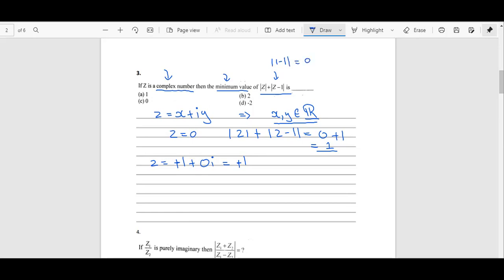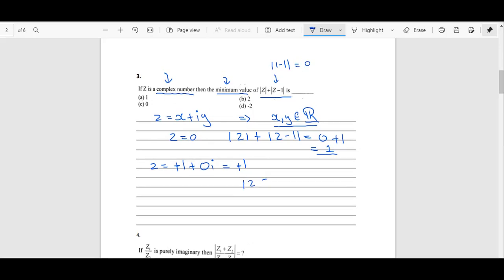All right, now let's check out the value of this expression. Mod z plus mod z minus 1 is going to be mod 1 plus 0, that is again 1, right? So I have tried out two combinations, and it is obvious that these two were the only options which would have given me a minimum value, right? For both of these, I'm getting 1. So 1 would be the minimum value of this expression, right?